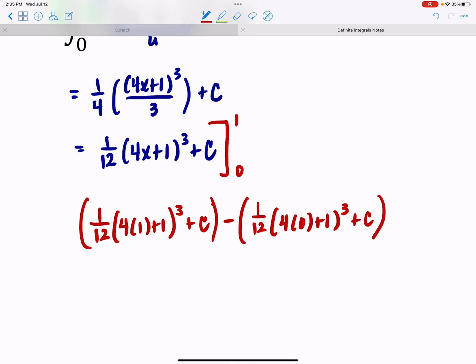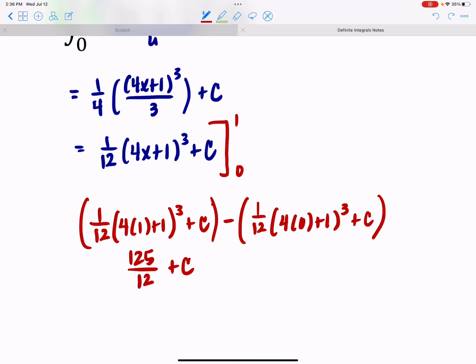Okay, so over here, 4 times 1 is 4, and then 4 plus 1 is 5. 5 cubed is 125, and then we're multiplying by 1/12. So we're going to have 125 over 12 here, and then a plus c. And then here, 4 times 0 is 0 plus 1 is 1. 1 cubed is 1. Multiplying by a 12th means we still have a 12th there.